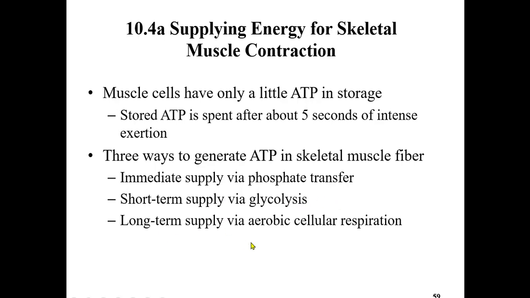Then long term. This is your ATP by way of aerobic. This is the one that's going to produce a lot of ATP, something on the order of 1 glucose making something like 32 ATPs. Some people say 34, some people say 36, some people say 38.